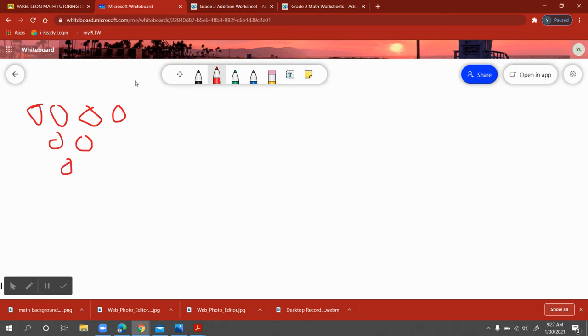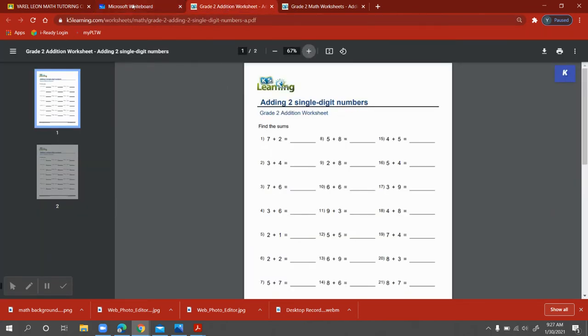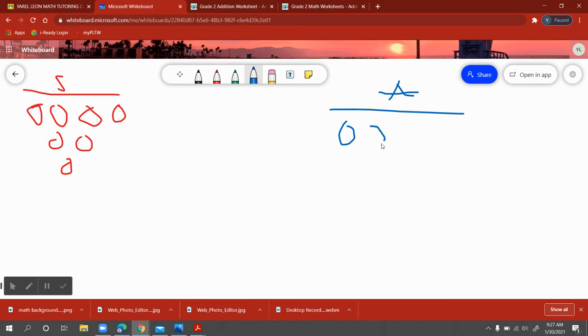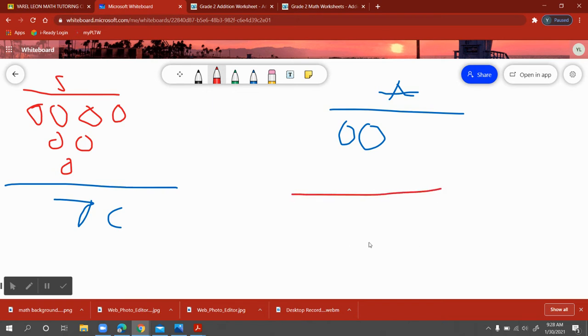Then Adrian has 2 coins. So Sally calls Adrian, "Hey Adrian, how about we use our money together?" Again, we're not adding money here. We're adding numbers. So since Sally has 7 coins, Adrian has 2 coins, we're going to add it.